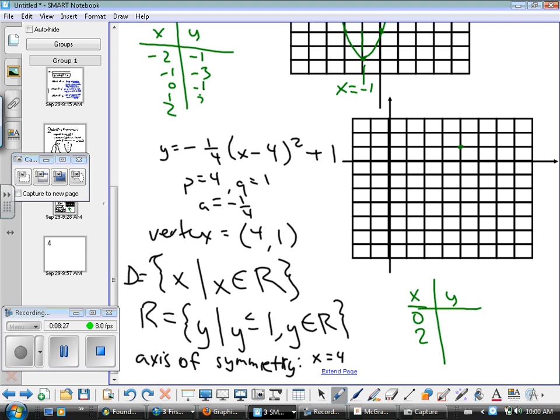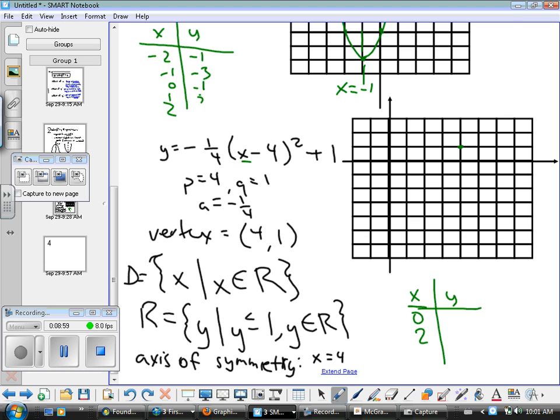So when I substitute 0 in for x, I end up with -4 in the brackets. I square that, I get 16. -1/4 of 16 is -4.